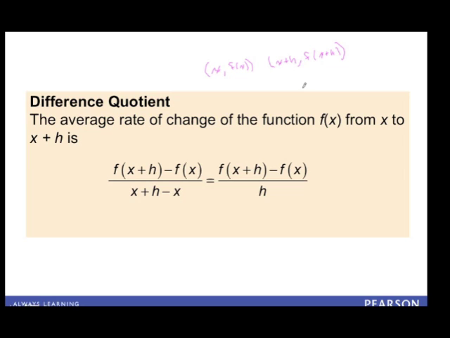So we have the difference quotient here: the farther y value minus the first y value over the new x value minus the first x value. It turns out the x cancels out and it's just h, so we simplify to f of x plus h minus f of x, over h.